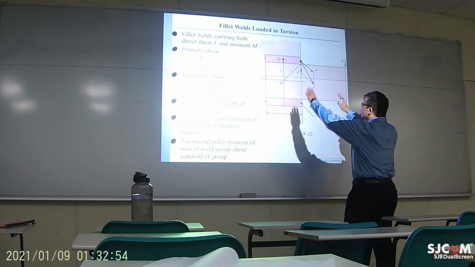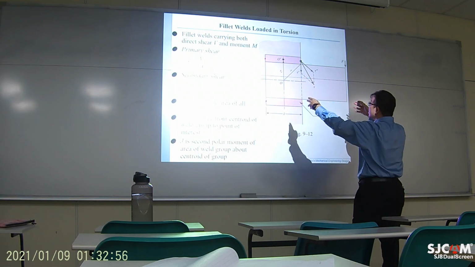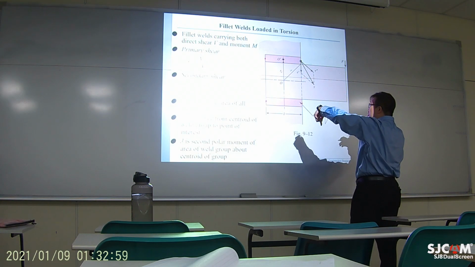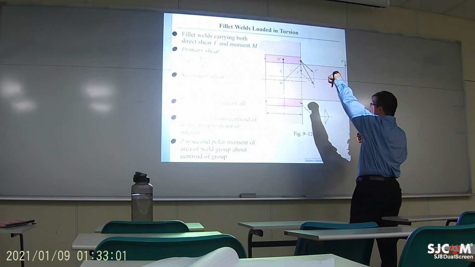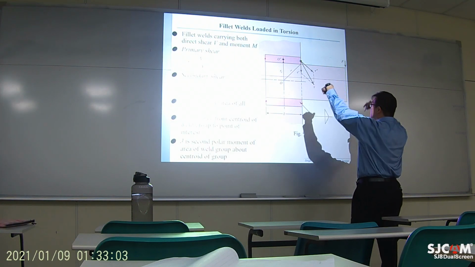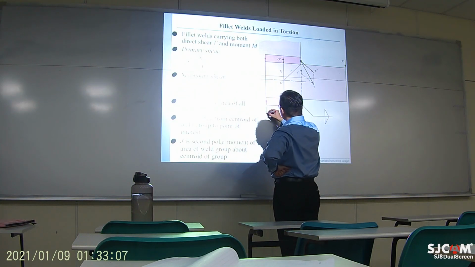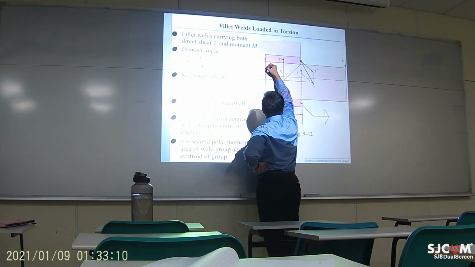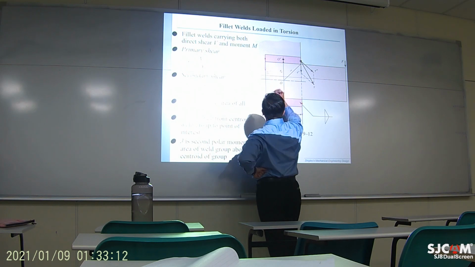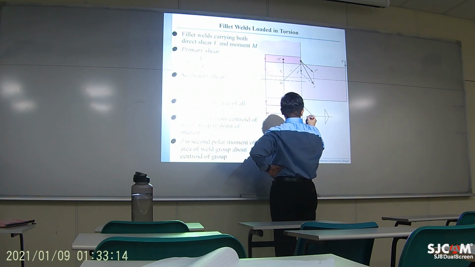All these 4 points will be experiencing the same shearing stress downward. So it will have the same amount of shearing stress. So they are all tau prime. Okay?